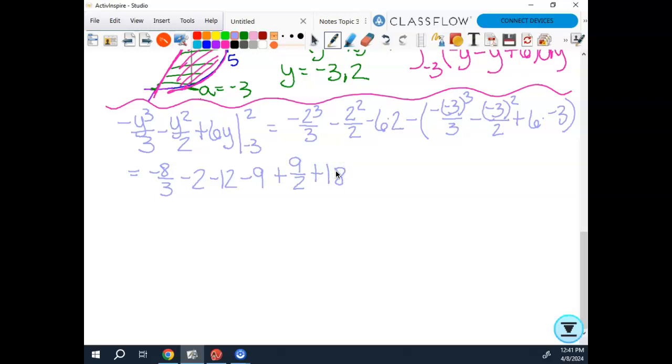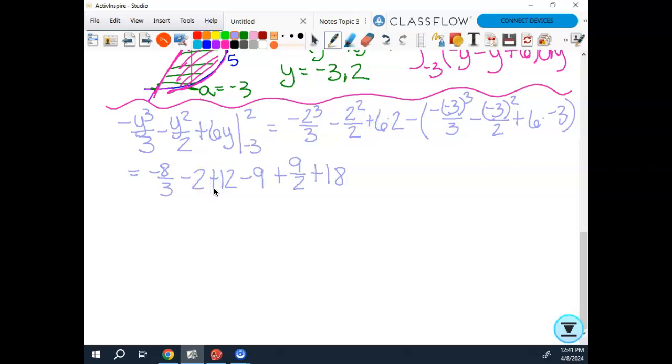Is that right? Why is 6 negative? That's a very good question. 6 should not be negative.